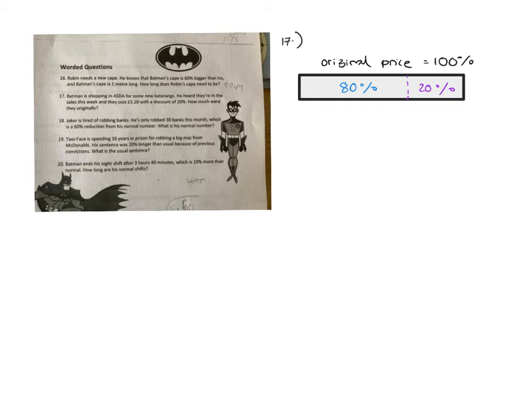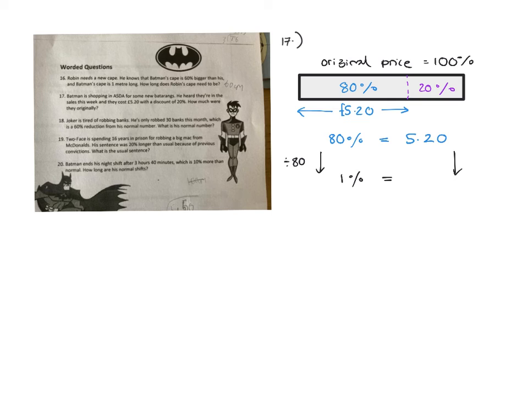And we know that the cost of the batarangs is £5.20, so we know that the £5.20 represents 80% of the original price. So we can then say that 80% of the original price is £5.20. And again, we need to scale that back down to 1%. So how do we get down to 1%? We divide by 80.